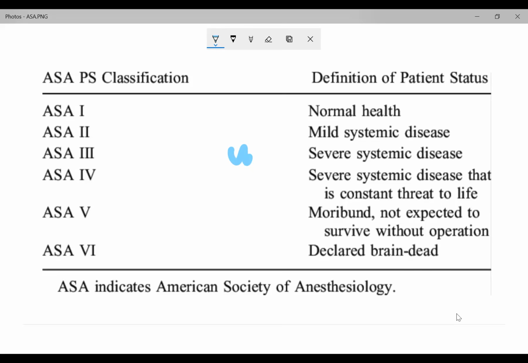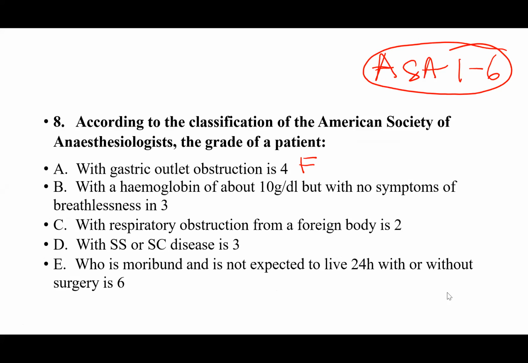You want to reduce that maybe by evacuation or by putting an extra ventricular drain, whatever the neurosurgeon wants to do. And ASA 6, declaring brain dead. So I think you should all be conversant with these gradings.